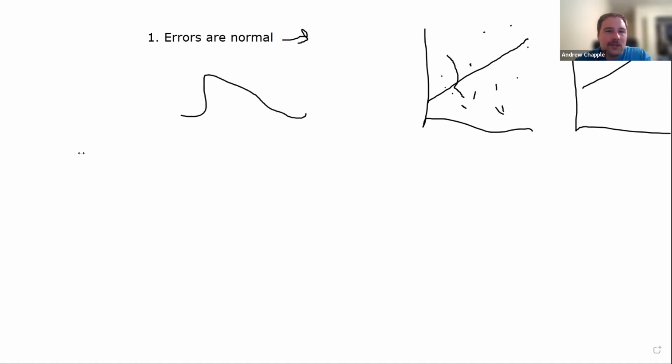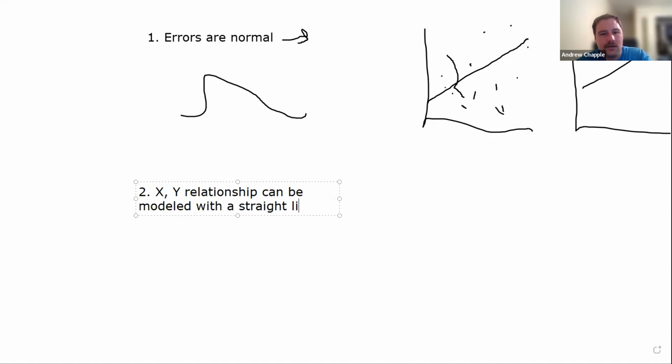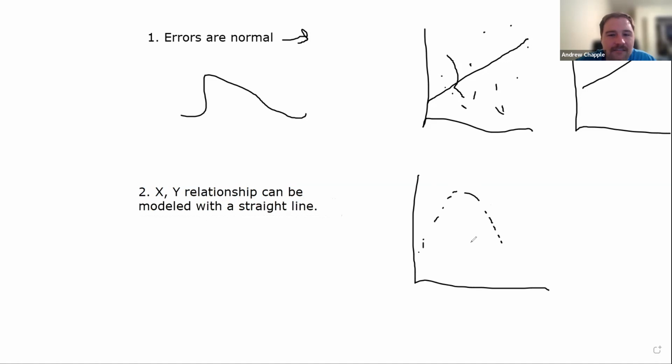The second assumption here too is that the X-Y relationship can be modeled with a straight line. And that might not be true, right? If I have data that looks like this, then maybe I don't really have a linear relationship.